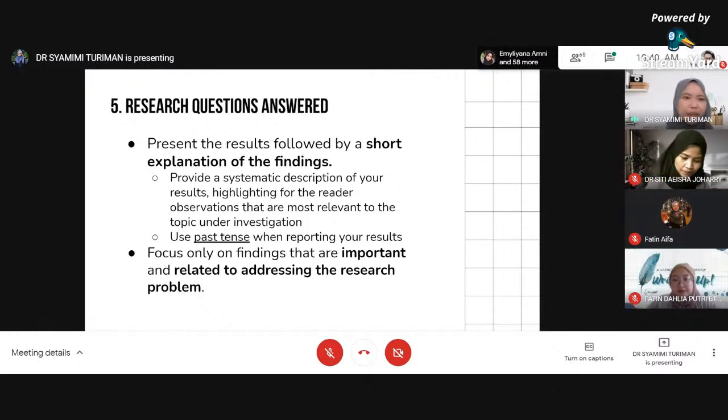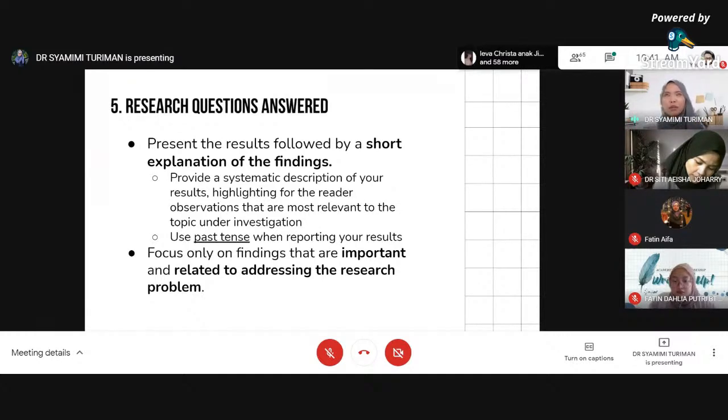You need to focus on findings that are important and related to addressing the research problem. Normally what's going to happen in results or chapter 4 is, if it's a questionnaire or if it's an interview, you will start the section with presenting the demographic background of the respondents.